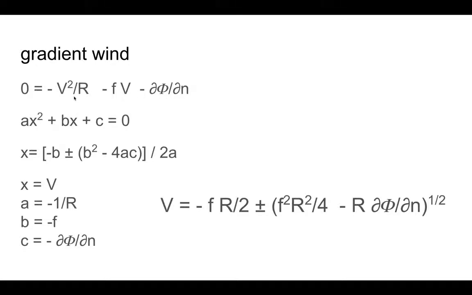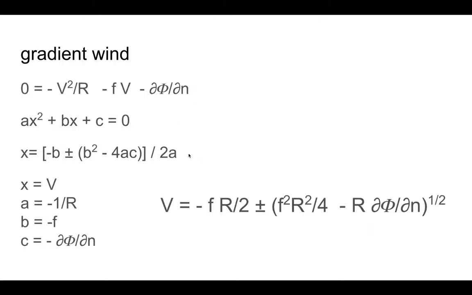And the equation of motion here, you can see, is if we want to solve for this v, we want to solve for the wind speed, we basically are trying to solve a quadratic equation. So we have minus v squared over r minus fv minus d phi dn equals 0. And that's very much a quadratic. It's like ax squared plus bx plus c equals 0.